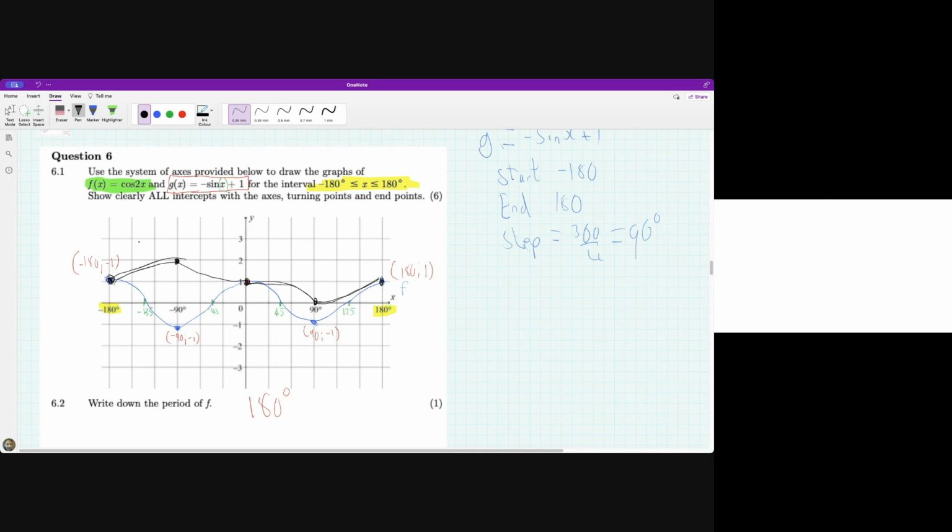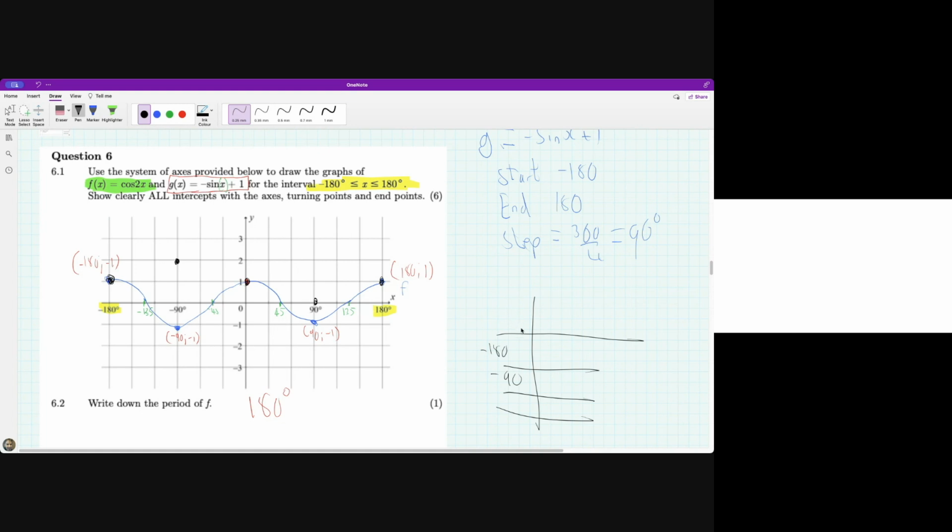Oh, you didn't get the same answers for g of x. Okay, well, let's just check our data. I'll draw this in again in a moment. So for g of x, in my little table, it should start at minus 180. So minus 180, minus 1, minus 90. Oh, minus 91. Sorry.